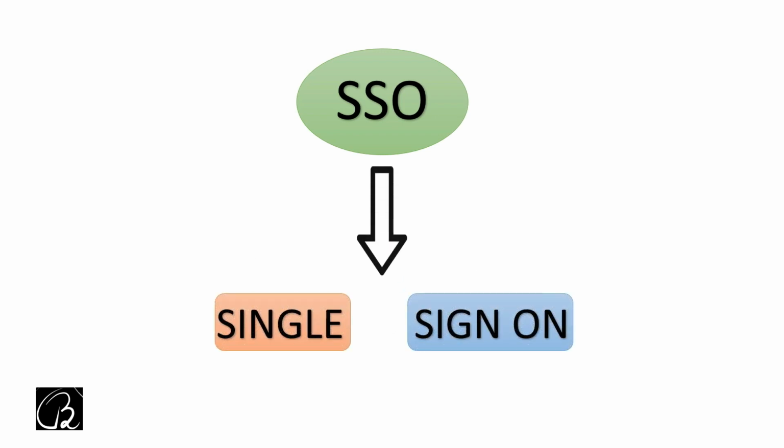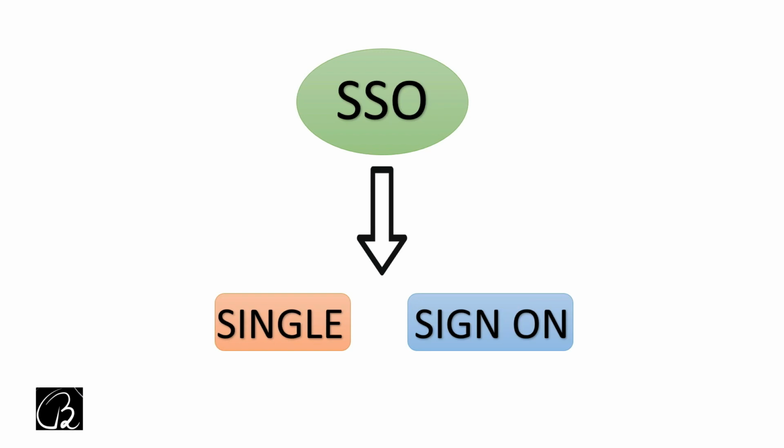Single, we all know, right? Here you can consider it as one time. But one time what? Let's see. And sign-on means the same as sign in or log in to some application, just to provide your credentials to that application, to authenticate yourself, to access some content or get some services from that application.